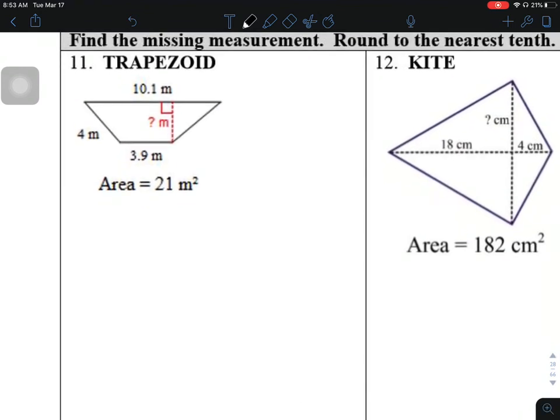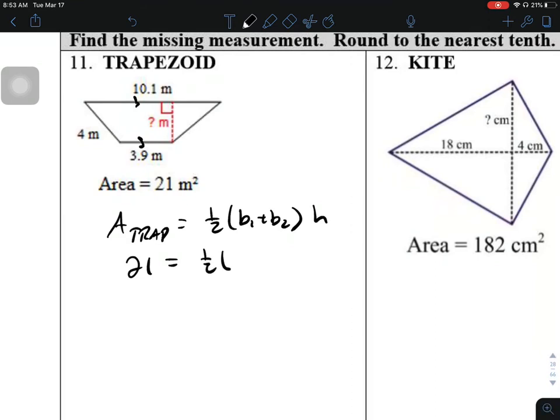So this is a trapezoid, clearly it says that. These are the bases, the parallel sides. The area of a trapezoid is 1/2 the sum of the bases times the height. Do we know what the area is? We sure do. Do we know what the sum of the bases are? No. Do we know what the bases are?